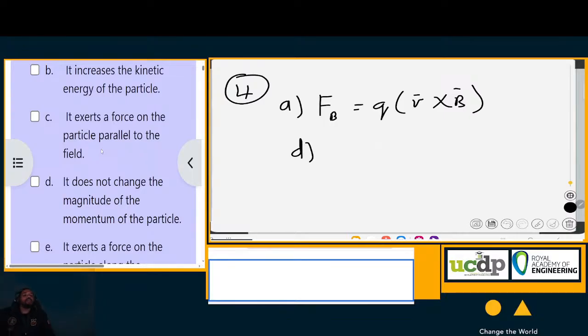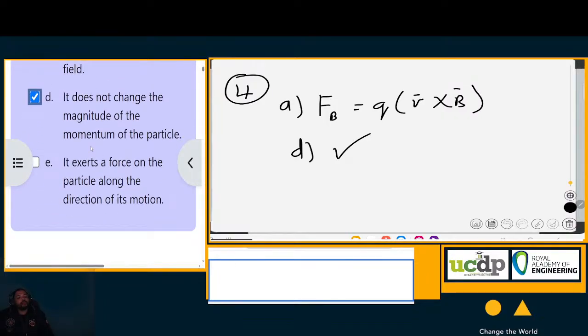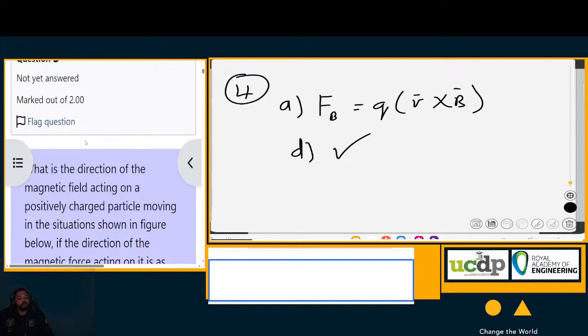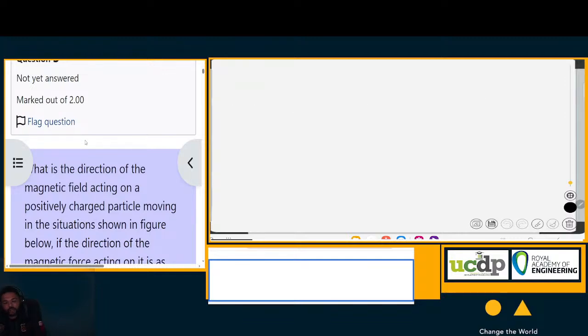In other words, it doesn't change the mass or the velocity. The particle still travels at its original speed. So D is also correct. And E, it exerts a force on the particle along the direction of its motion. No, it's perpendicular to its direction of motion, according to the Lorentz force law and the right hand rule.